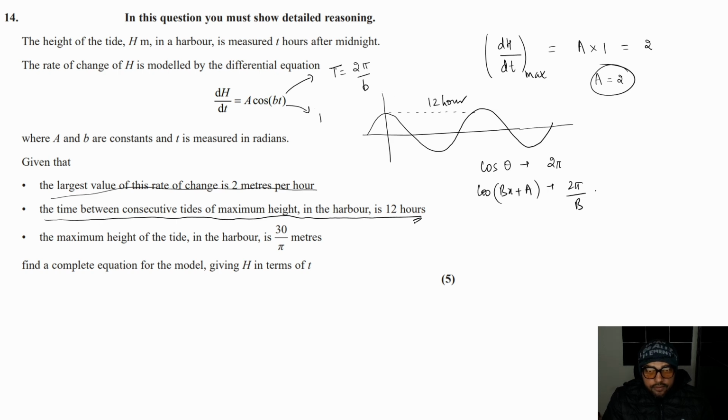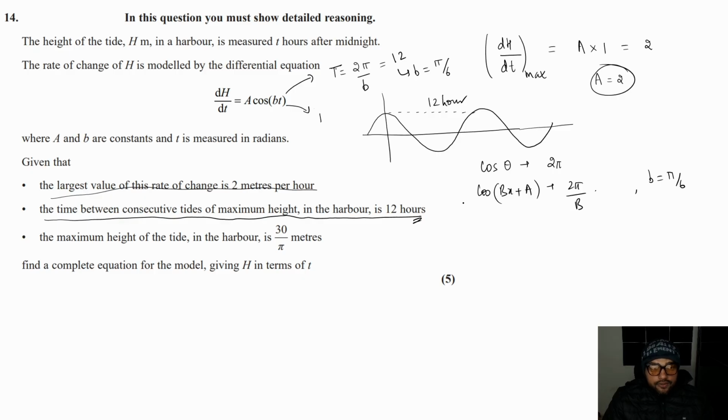And in the question they have mentioned that this value will be equal to 12 hours. From here we can say the value of b will be pi by 6. So we have got the value of b equals pi by 6. A we have already got, that is 2.